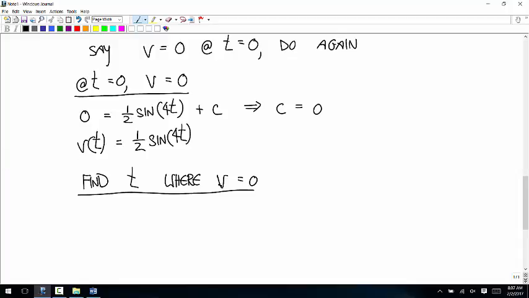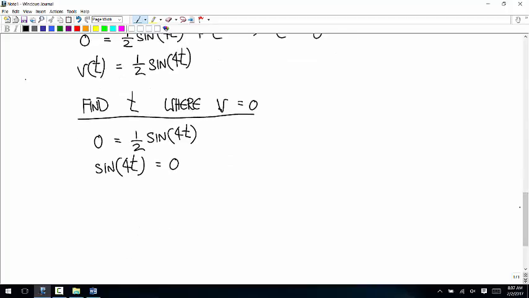And 0 is equal to 1/2 times the sine of 4t. So sine of 4t is equal to 0.